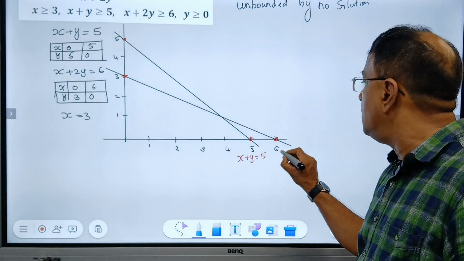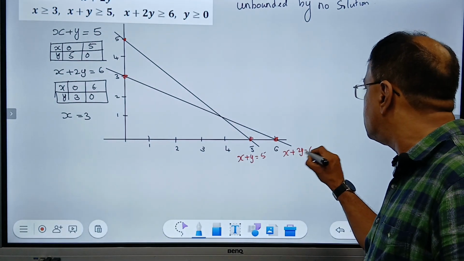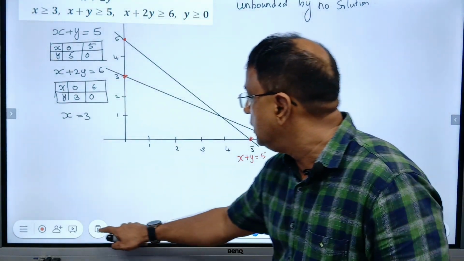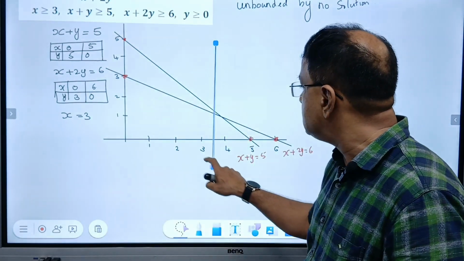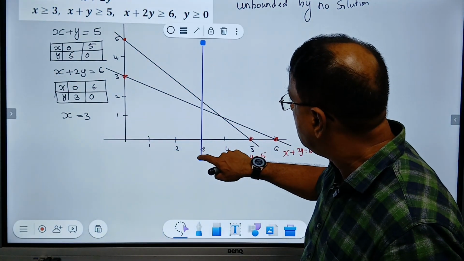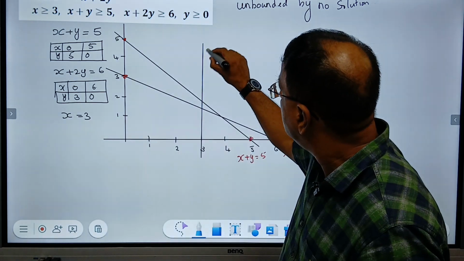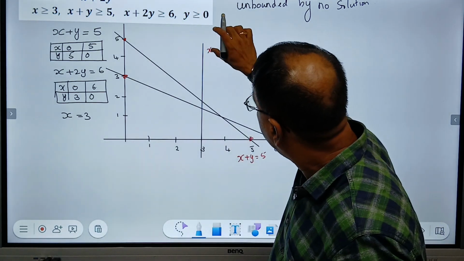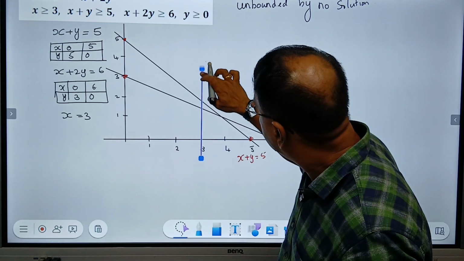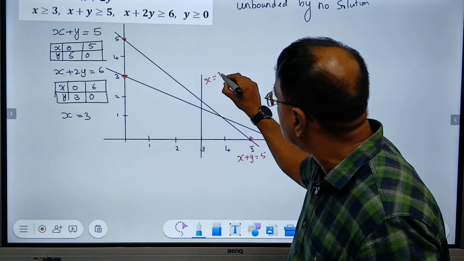This is x plus 2y equal to 6. Now x is equal to 3. X is equal to 3 is a line parallel to y-axis at 3 comma 0. Correct? This is x is equal to 3.